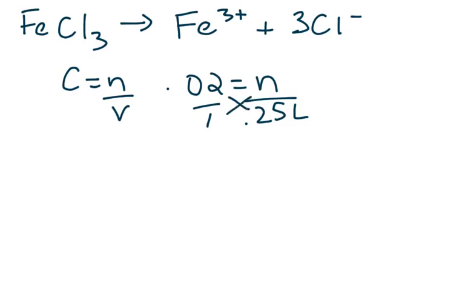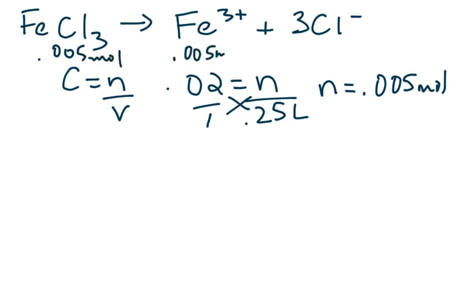So we do the cross multiplying, and n is going to equal 0.005 moles, sorry. So this will be 0.005 moles. This will be 0.005 mole. And this will be 0.015 mole because we had to times it by this 3.